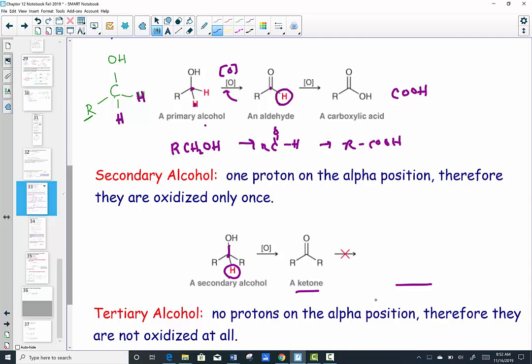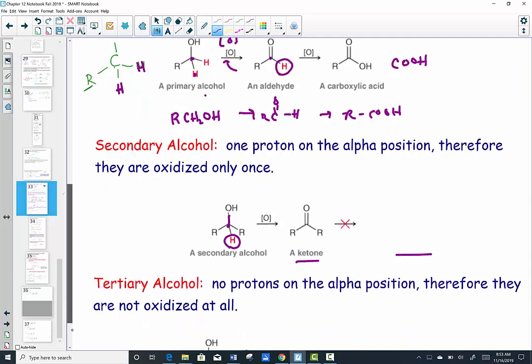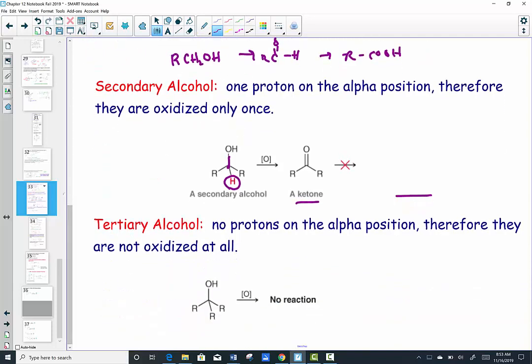With a secondary alcohol, we have just 1 step for full oxidation. And with the tertiary alcohol, because there are no hydrogens on here at all, this reaction cannot proceed. An oxidation process changes a CH bond into a CO bond. That's the process of oxidation. And with no hydrogens available, there's no possible reaction.